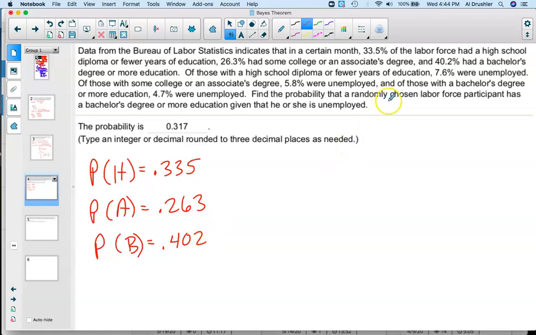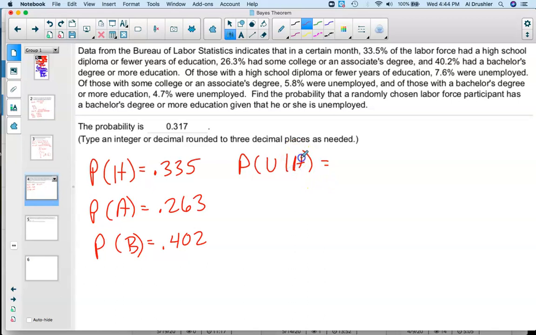Now we are going to need conditional probabilities in this formula as well, which is where these are going to come from. Of those with a high school diploma or fewer, 7.6% were unemployed. Basically that's saying the probability of unemployed given a high school diploma.